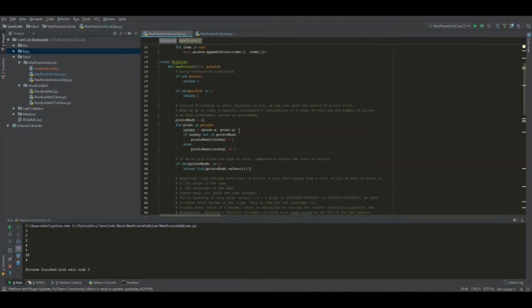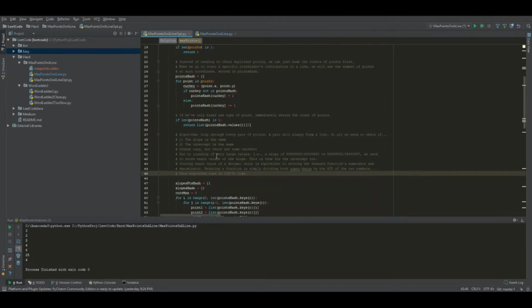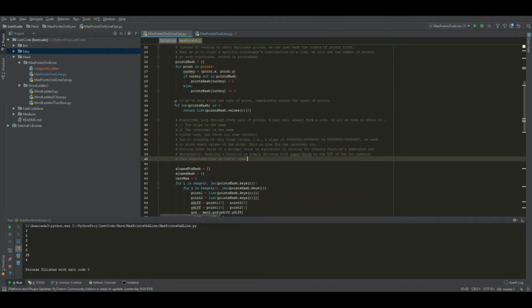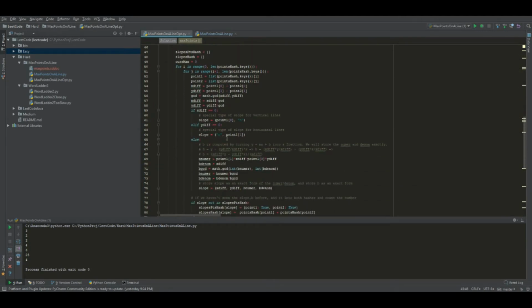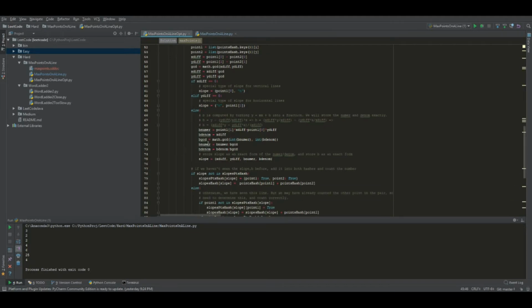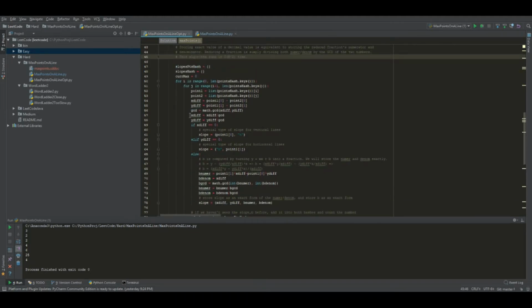Now the optimal solution starts off the same. We hash all the points and we return immediately if we've only found one coordinate. But we go through and instead of having that third loop, we store the tuple as described, where we store the b-intercept as well. So we don't need to determine whether or not any given point is on another line that some other pair was computed for.